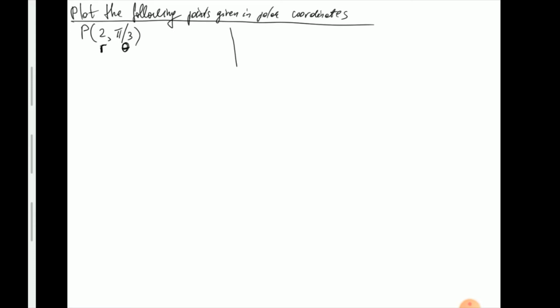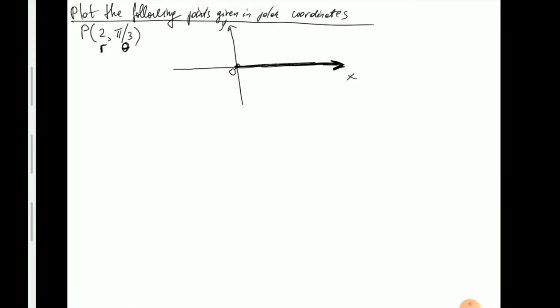So let's see, I'm going to sketch the axis of the Cartesian system just to see how the point looks in relation to the polar coordinates, right? So this is the pole, and then this is the polar axis. And let me make it thicker, right? Because that's the fixed element in this way of representing the point.